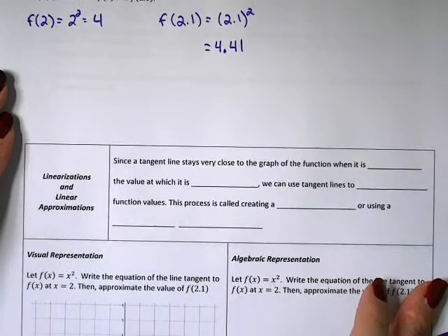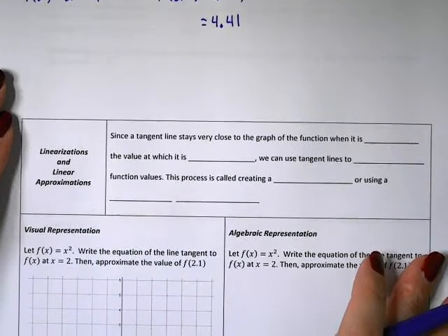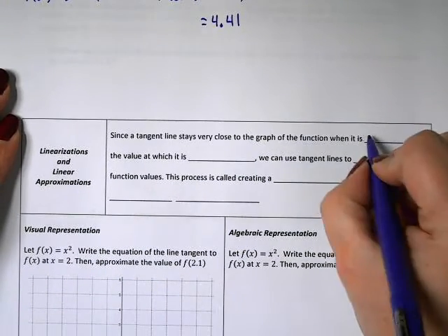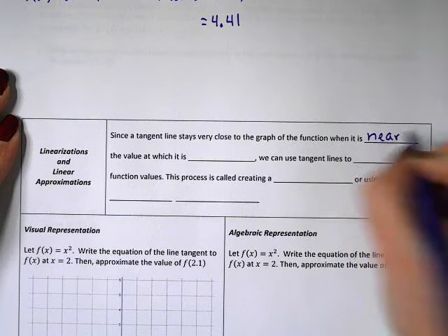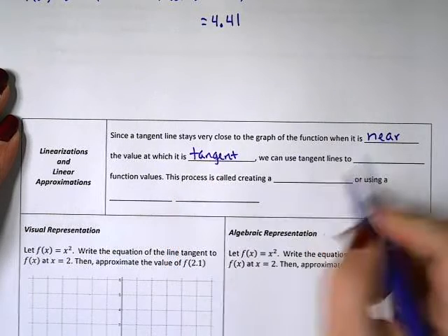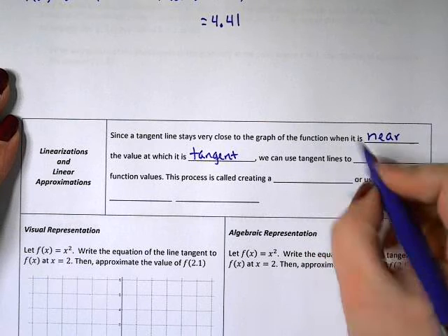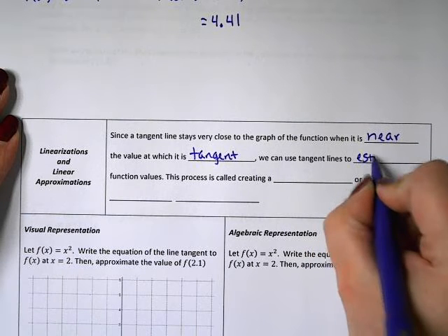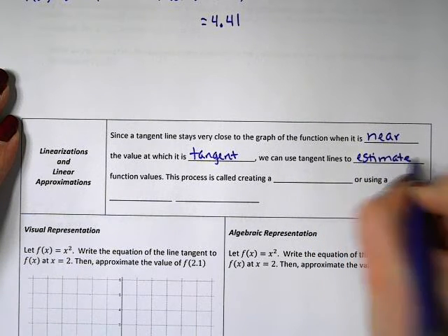Since a tangent line stays very close to the graph of the function when it is near the value at which it is tangent, we can use tangent lines to estimate function values.